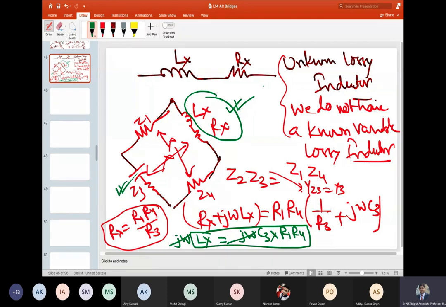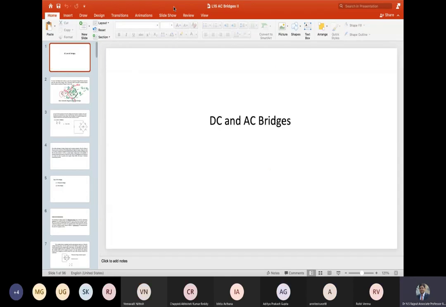But the prime idea was to think about a bridge which can help us calculate. So far we have been talking about a variety of bridges, and the key advantage or requirement of bridges is to be able to measure certain parameters like inductance, capacitance, resistance.